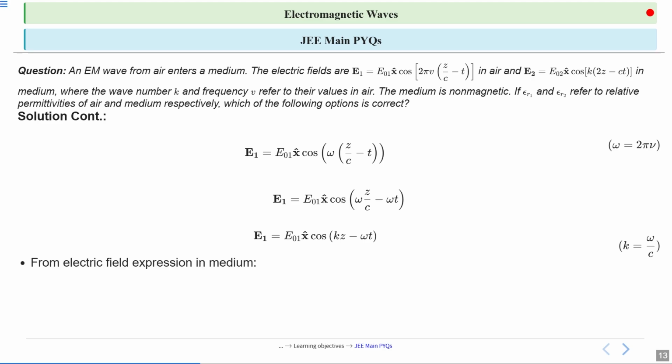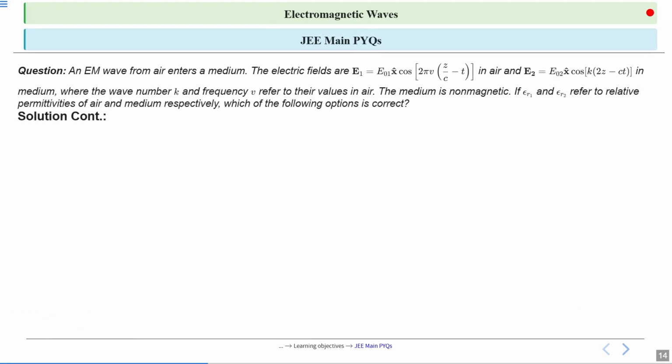So this is the electric field in air. Now the electric field in the medium is given by E2 equal to E naught 2 x cap cos k (2z minus ct). Now we will multiply this k into the bracket. So E2 is equal to E naught 2 x cap cos (2kz minus kct).